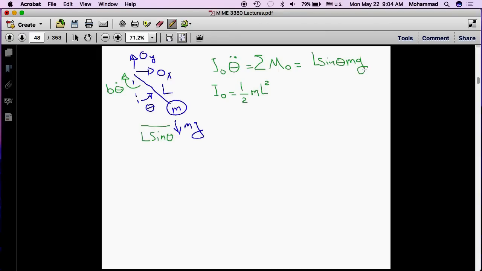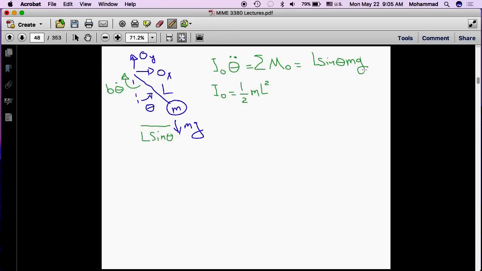Of course, we have two choices, positive or negative, but we need a reason. Why do we call it positive? So that's one option. B theta dot is going in what direction? The way to distinguish is clockwise or counterclockwise. So B theta dot is creating a clockwise moment.